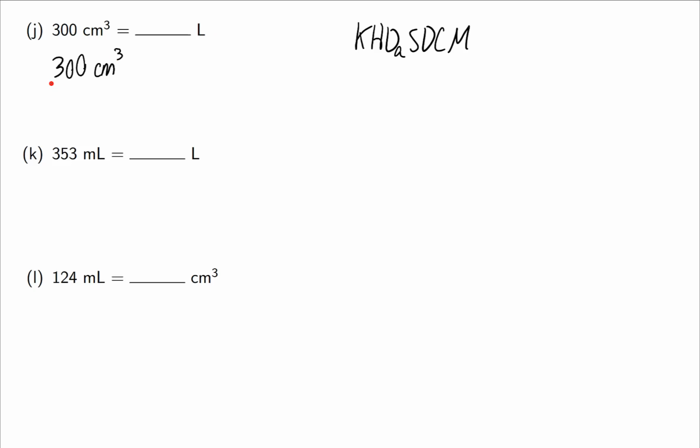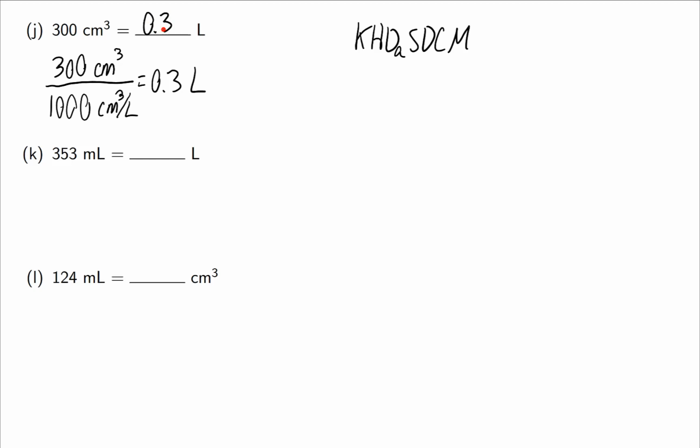We'll take our 300 centimeters cubed and divide by however many centimeters cubed are in a liter. You might need to look back and see, but it is 1,000 centimeters cubed in a liter. 300 divided by 1,000 is 0.3 liters, which I'll just write up here.